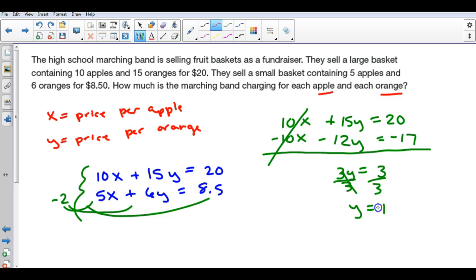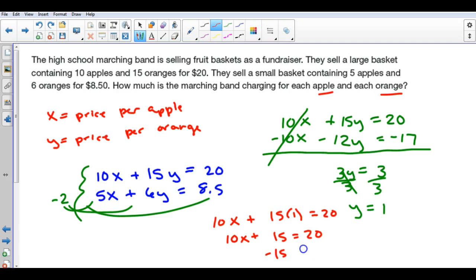What I can do is take this $1 and substitute it into either one of these equations. I'll substitute it into the top. So 10x plus 15 times 1 equals 20. So 10x plus 15 equals 20.